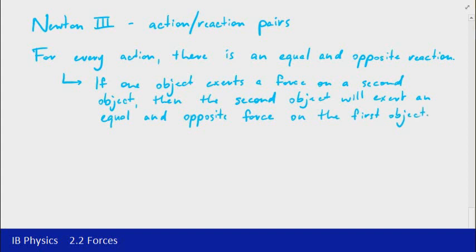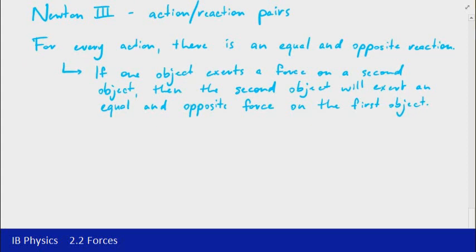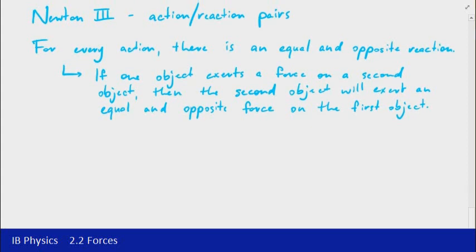Now, I want to make a note here that this particular point sometimes slips under the radar, but it's a very key point in making a very clear understanding of Newton's third law. And that point is that for Newton's third law, two objects are involved. When I say objects, I use that term a little bit loosely, because in some cases the object might be, say, a gas, or something that's not a solid object.